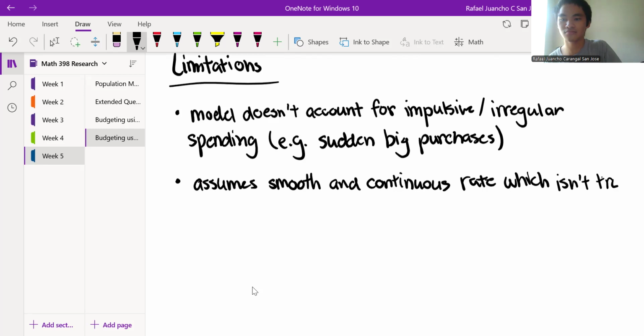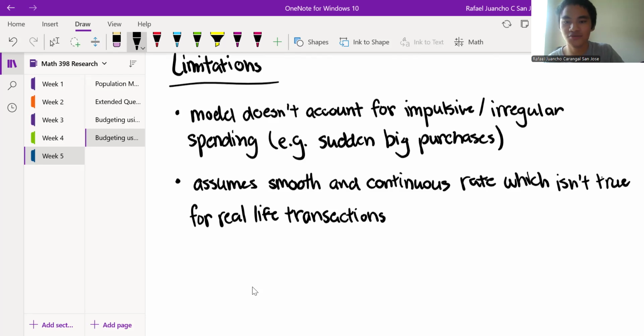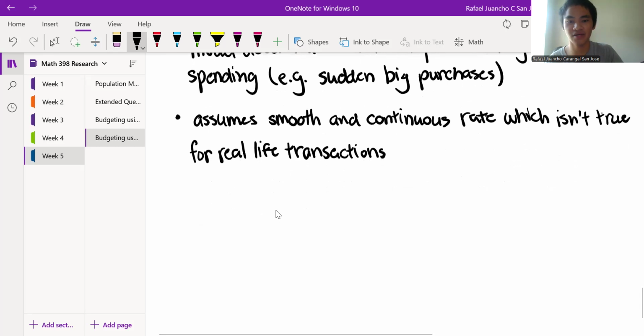Because on some days I won't spend anything, usually on the weekends, which I didn't take into account in my model as well. So usually at the end of the day, it would depend, right?